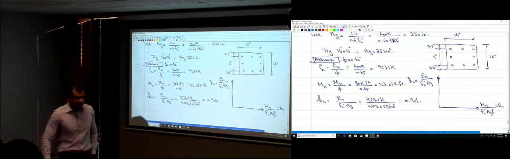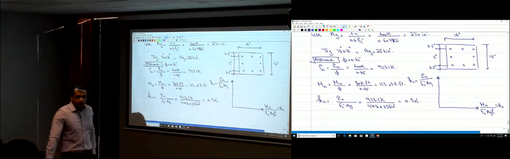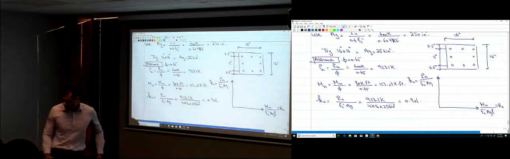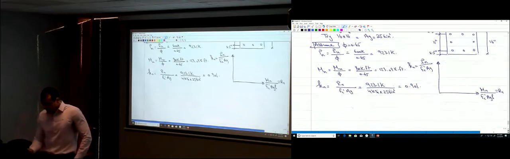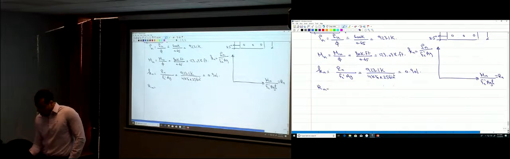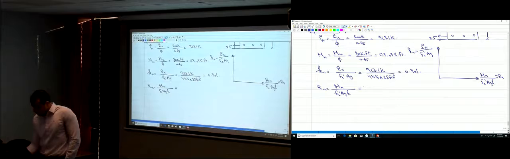What are the units of Kn? Unitless. Rn is M nominal divided by fc prime area gross h. So M nominal is 123.07 kip-feet divided by fc prime, which is 4 ksi, area gross is 256 inches squared, h is 16 inches.